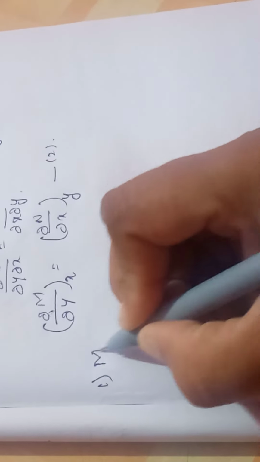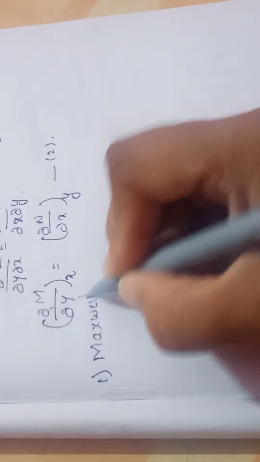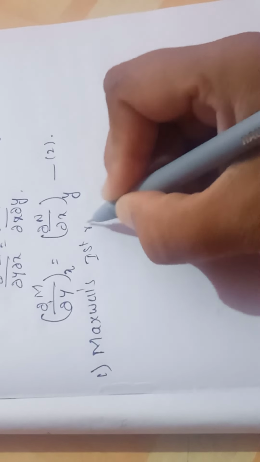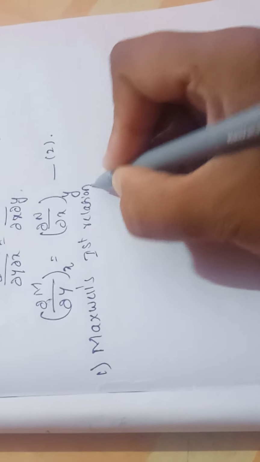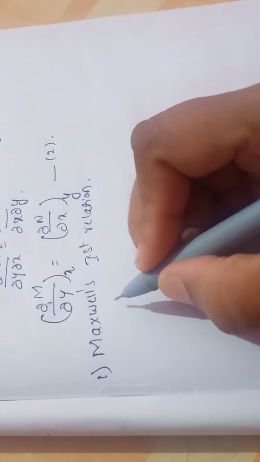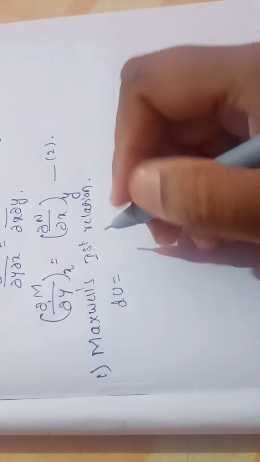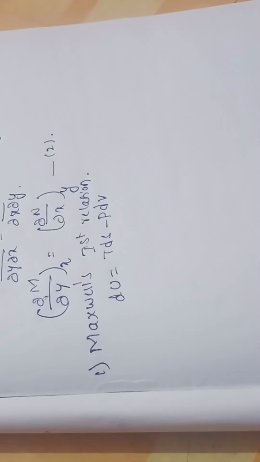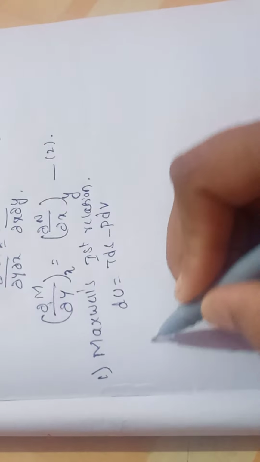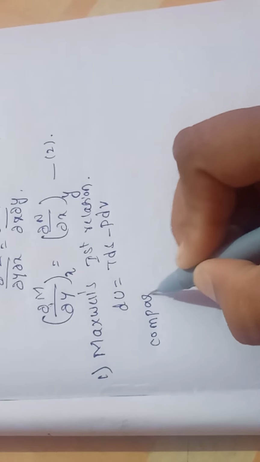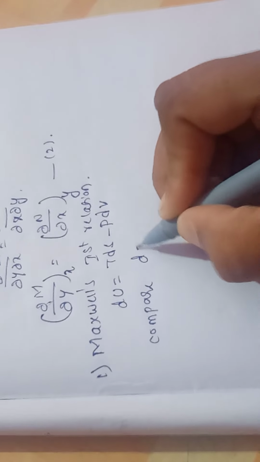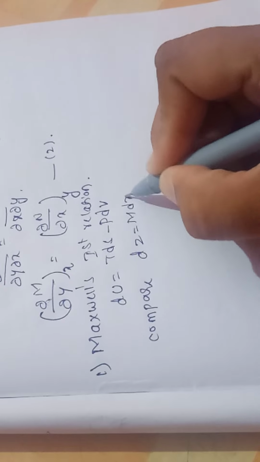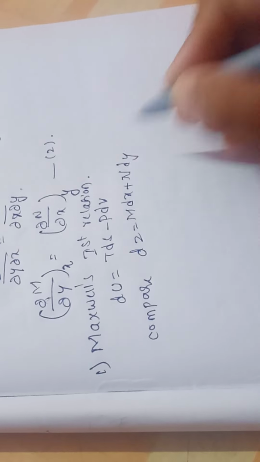Now let us take the first thermodynamic potential, from which we will get Maxwell's first relation. What is the first thermodynamic potential? Internal energy: dU equal to TdS minus PdV, right? Now first let us compare this with dz is equal to M dx plus N dy.